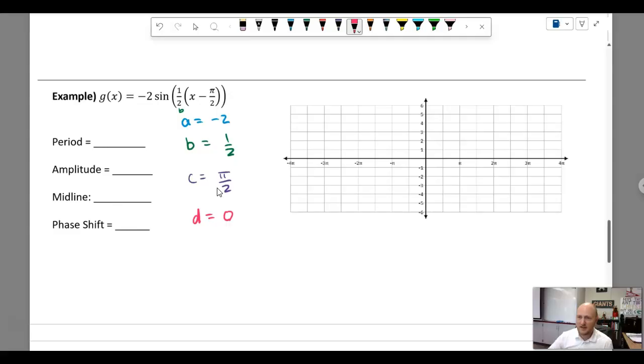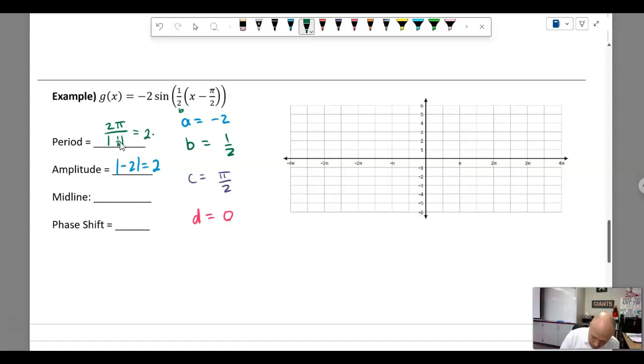So what are the effects that these parameters have on our graph? Well, our a value affects amplitude. So amplitude is going to be the absolute value of that a, which is 2. Your period is 2 pi divided by the absolute value of b, which is 1/2. So this actually stretches out our period, right? Normally it's 2 pi, but I'm dividing by 1/2, so you multiply by the reciprocal.